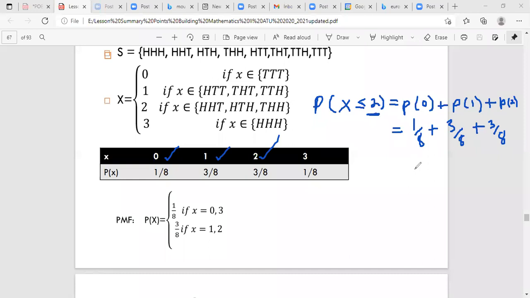And then once we add that, we'll get what? 7 over 8. So that gives us the probability that x is less than or equal to 2. Okay. So any question on this point?